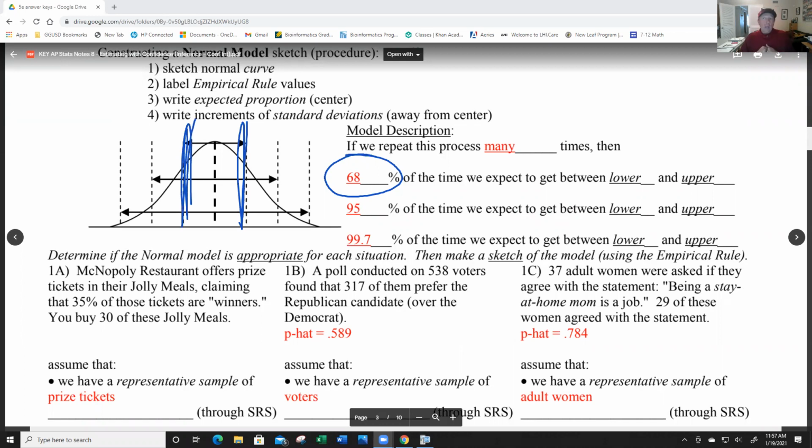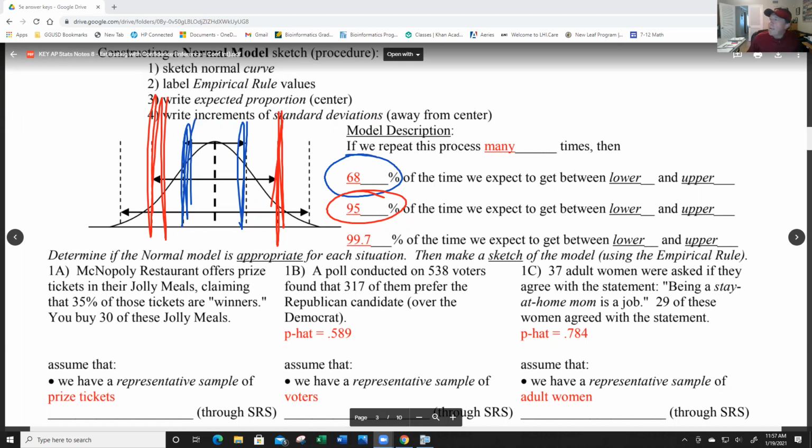So if you wanted to do a 68% confidence interval, it would be 1 standard deviation from your estimate. That makes sense. Okay, let me change colors. If you wanted to do a 95% confidence interval, that's 2 standard deviations from the mean. Technically, it's 1.96 standard deviations, just so you know. 2 is a rounded number.